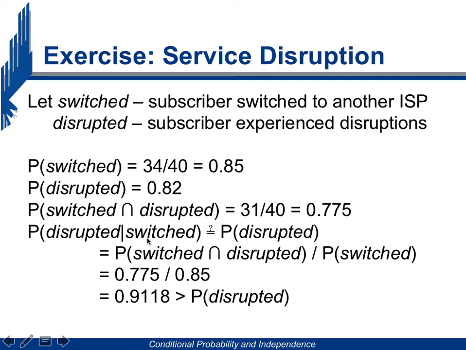So again, these two events affect each other, or it means that if you randomly select one customer out of the 40 and you know that that customer switched ISPs, then the probability that the same customer experienced frequent service disruptions in the past is 91.18%, which is higher than the probability that one randomly selected customer experienced frequent service disruptions.